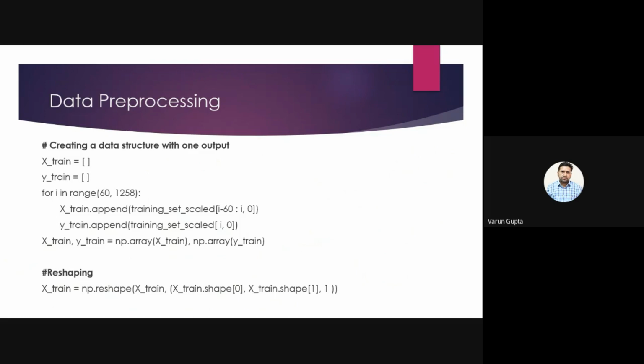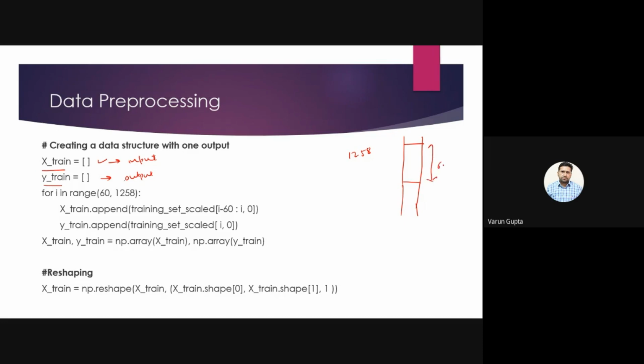Now the next step is data preprocessing. So here we are making a list: X_train, an empty list, and y_train, an empty list. This is for our labels or outputs, and that is for inputs. Since I have to predict a number based on some other numbers, and those numbers are 1258 in total, in a column like this, I'm going to take some number of days, 60 here.